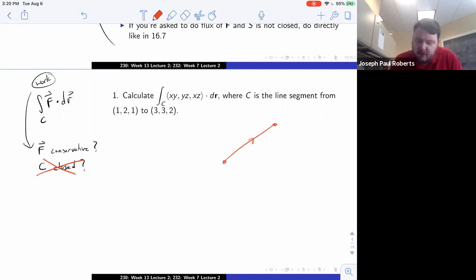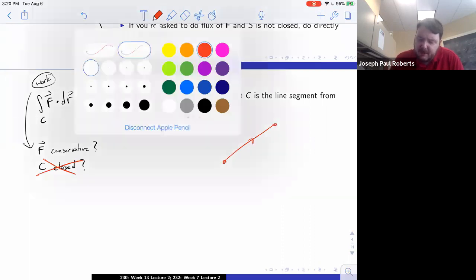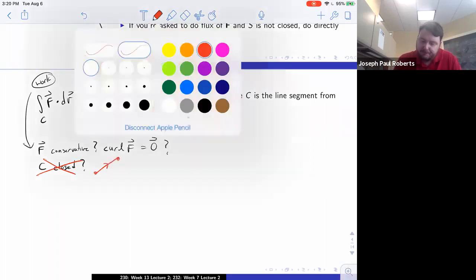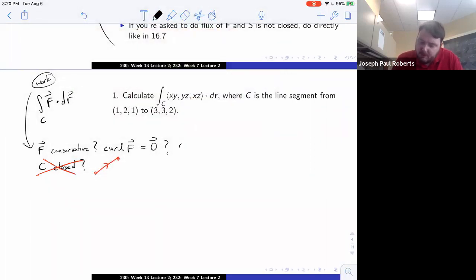Is our vector field conservative? We didn't review this yet, but remember the test for conservative vector fields: for a 3D vector field involving x, y, and z, it's whether the curl is the zero vector. Maybe I'll draw our little line here. Nope. So is the curl zero? Well, let's see. Curl F is, remember, you do x partial, y partial, z partial of your components.